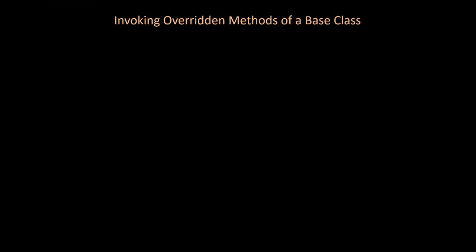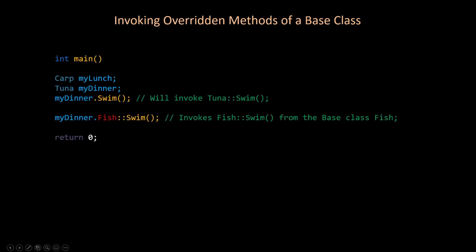There are two scenarios that I really want to quickly look at, and then we'll get into an example again in Visual Studio. One of them is invoking overridden methods of a base class. In this particular example, we see that carp, my lunch, and tuna, my dinner. My dinner is invoking the swim function from tuna. But on the next line, I can also invoke the swim function from the base class fish.